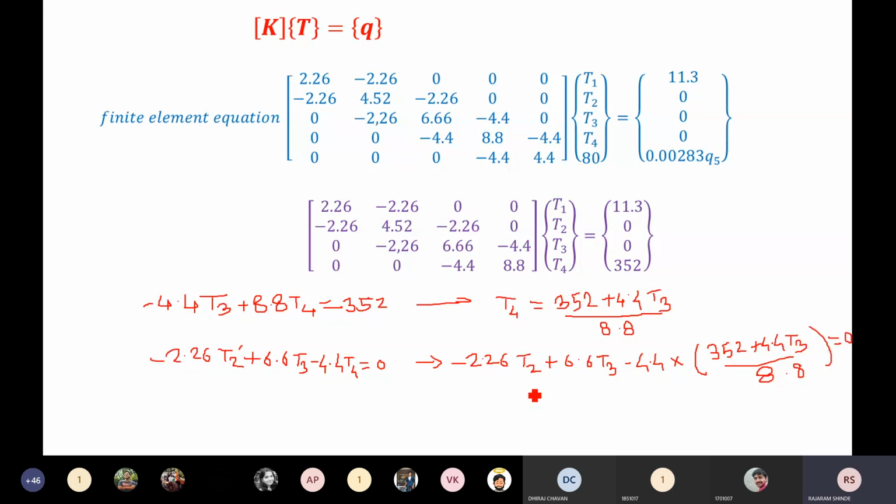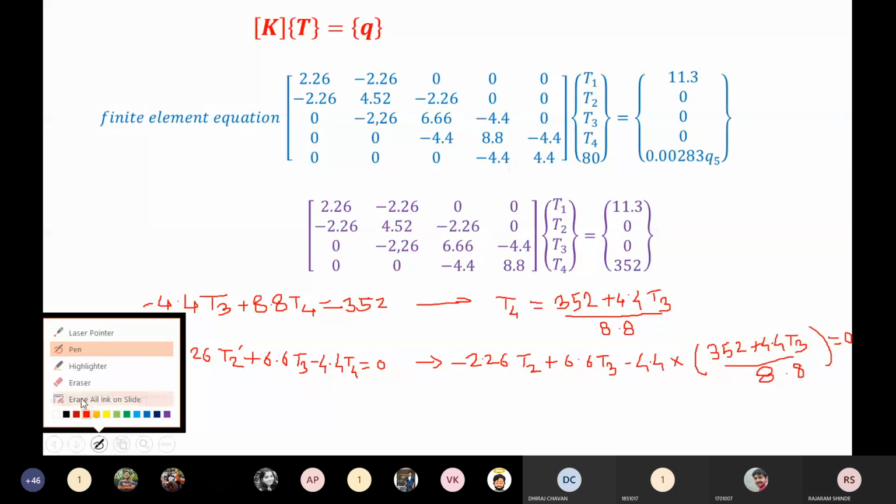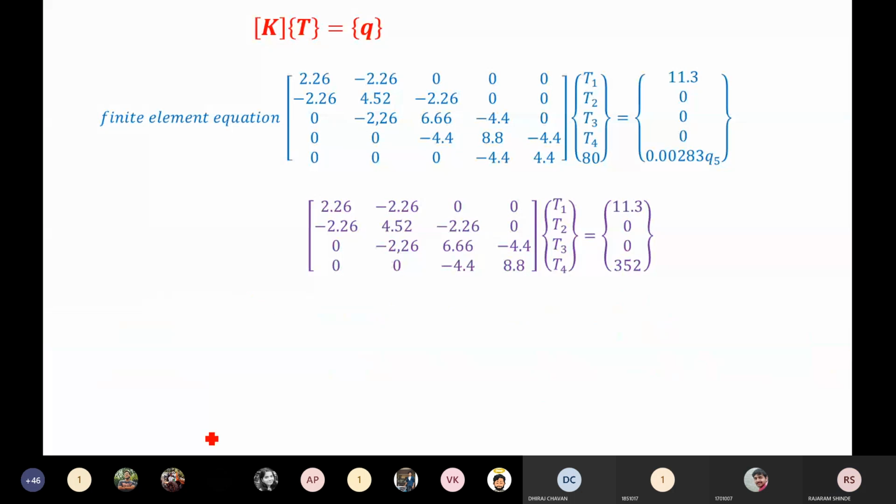Now T2 equal to, now how this T2 will become? Sorry, I got it. Okay, I have to write once again. Can you solve these equations? If you are able to solve these equations, I will go for the next. Otherwise, I have to explain it.